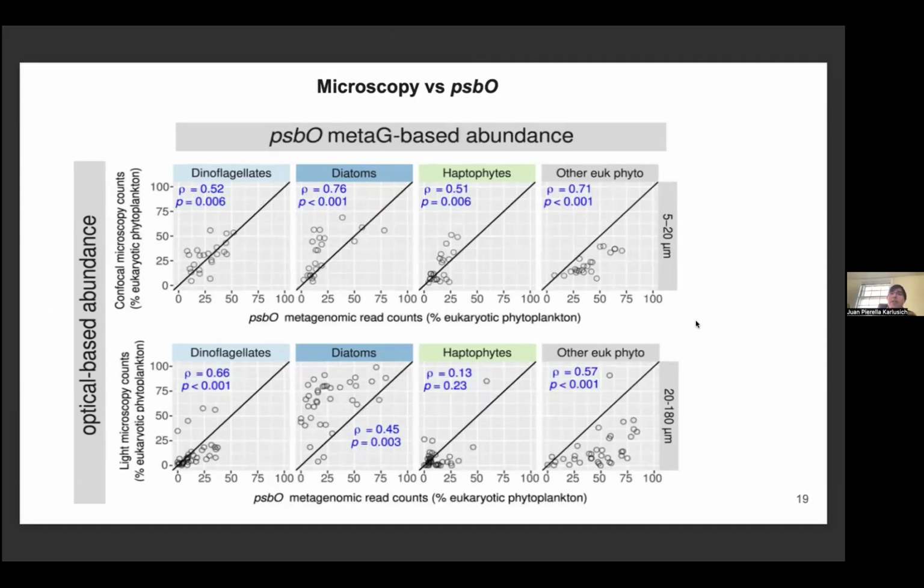And this is the same graph that compares microscopy with PSBO. You can see that there is an improvement in terms of correlation, as well as a closer one-to-one relation between the microscopy and the DNA counts.